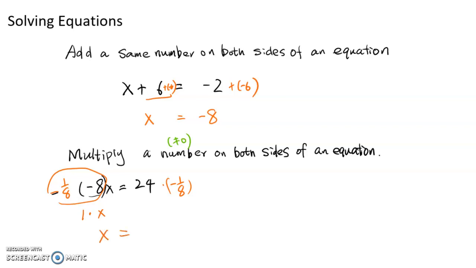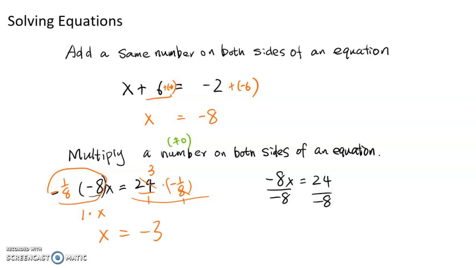x equals, on the other side, 24 times negative 1 over 8. You can cancel out an 8. That will give you 3 over 1. That's negative 3. Well, another way to see it, or a more common way to see it, let me write down the equation again, is to divide by negative 8 on both sides.